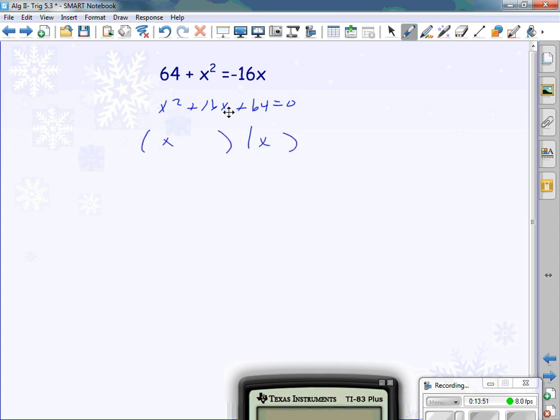Signs are same, both have to be positive. We got to think, how can I get a 64? 1 and 64, 2 and 32, 3, no, 4 and 16, 5, no, 6, no, 7, no, 8 and 8. Signs are the same. I got to think, go through it. You're going to still end up with 8 and 8.